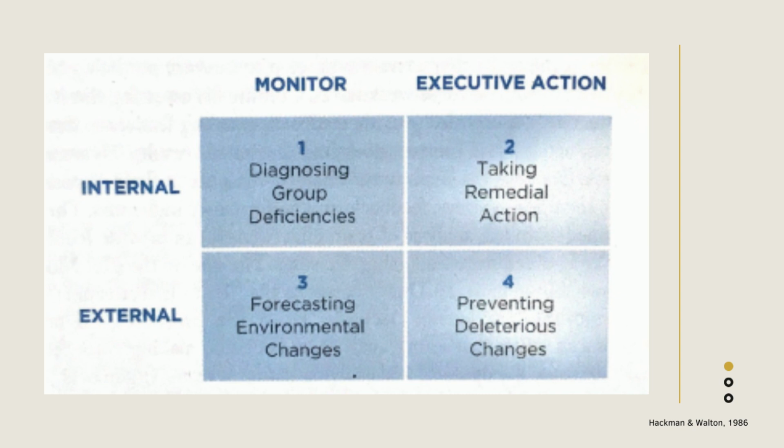Leaders can monitor problems by diagnosing group deficiencies that might need to be addressed, or they can take action to correct the issues they identify within the group. Quadrants 3 and 4 illustrate steps for addressing external problems that are happening outside of the group. Leaders monitor external problems by forecasting potential changes in the environment, or they can address these problems by preventing changes that might be consequential to the team.